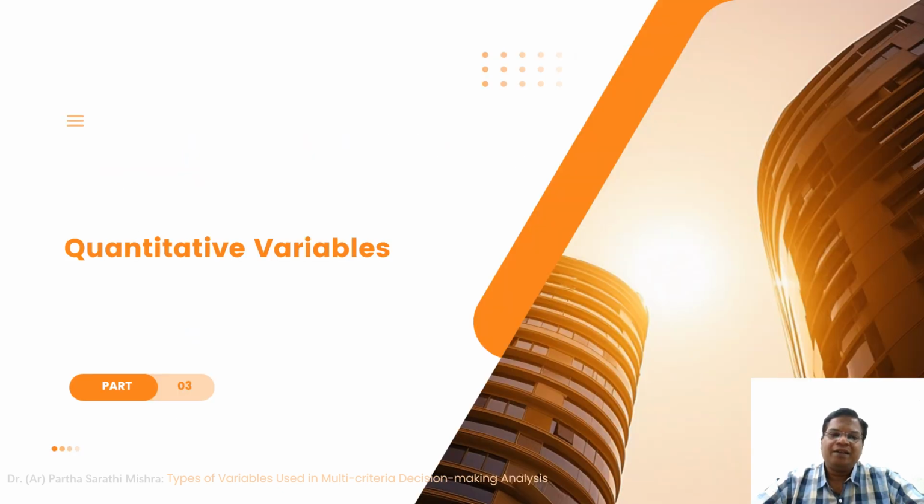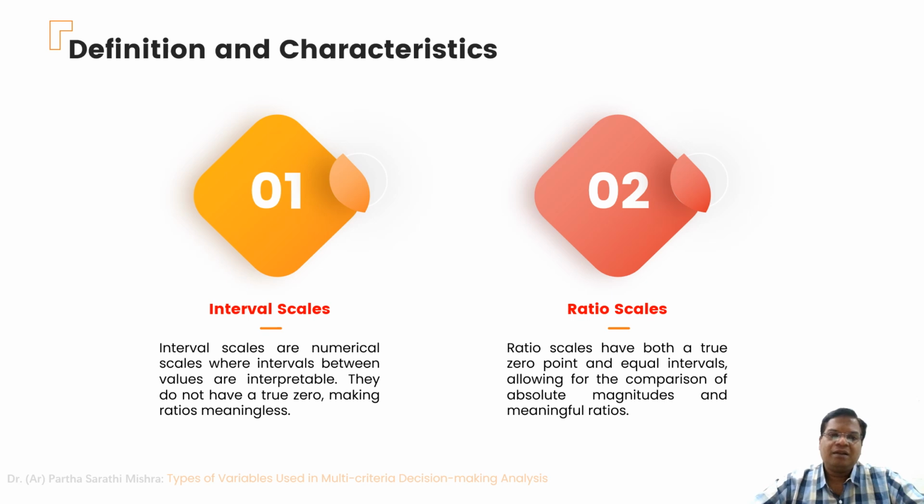Now the quantitative variables. Again, the definition and characteristics of quantitative variables: we have two types of scaling, the interval scale and the ratio scale. All these four scaling systems for variable data collection are nominal, ordinal, interval and ratio.